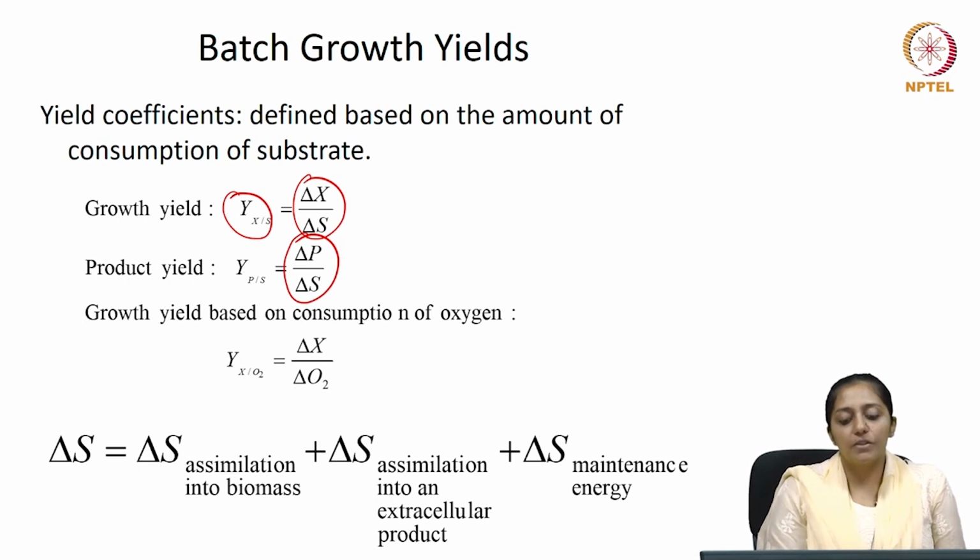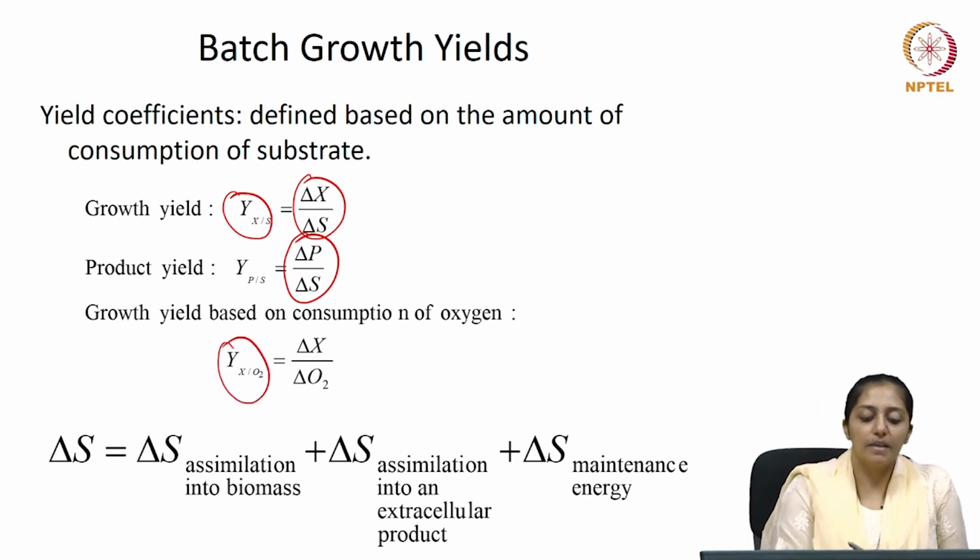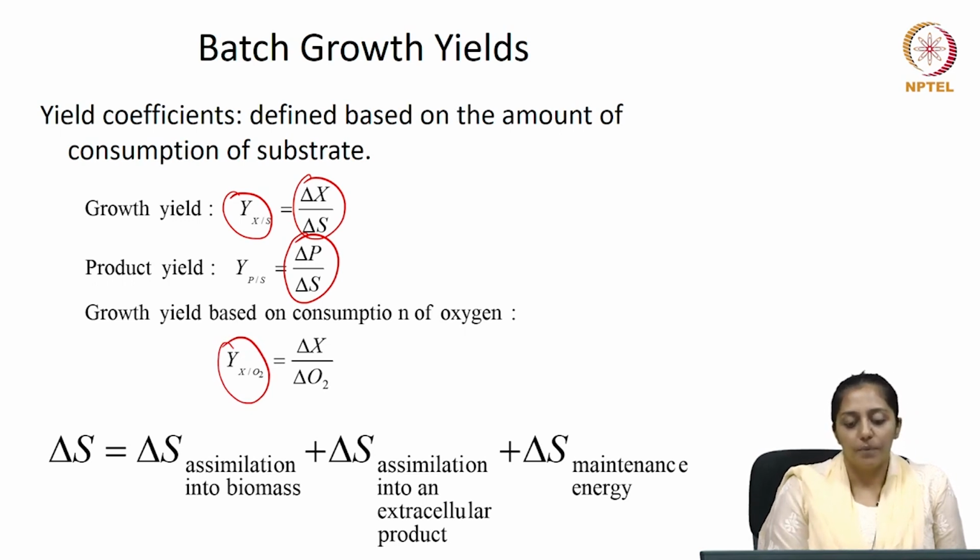The growth yield based on consumption of oxygen can be written as Yx by O2, where again it means the amount of biomass produced per unit oxygen consumed.